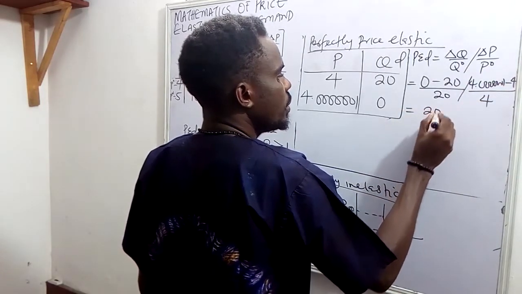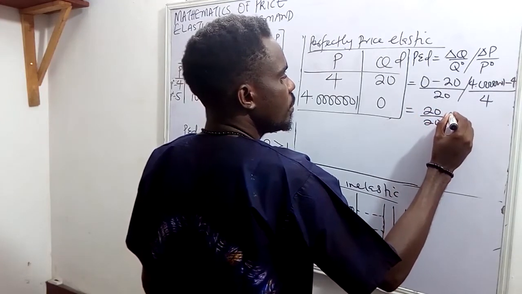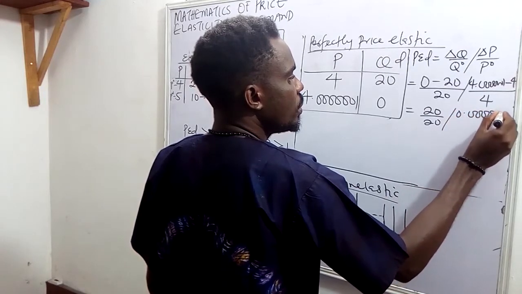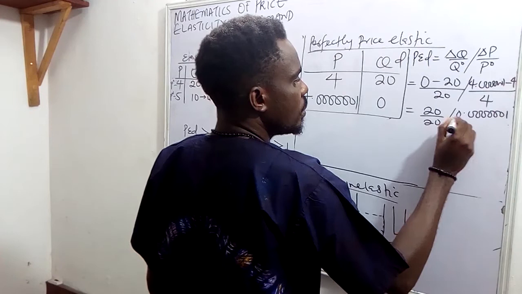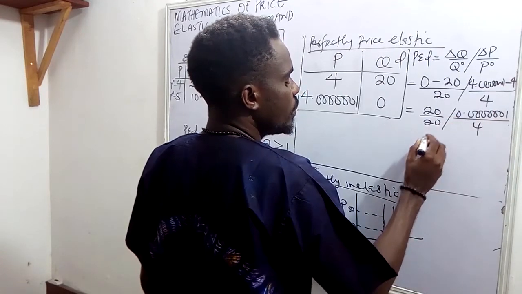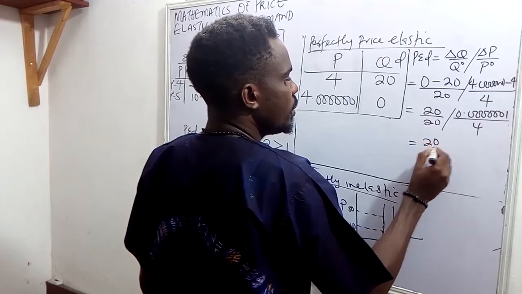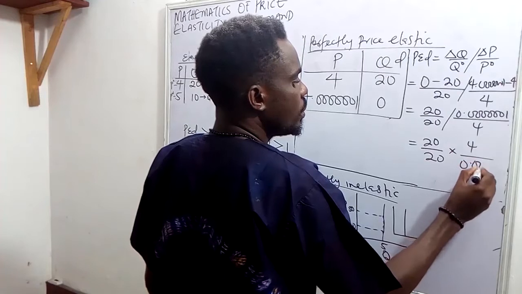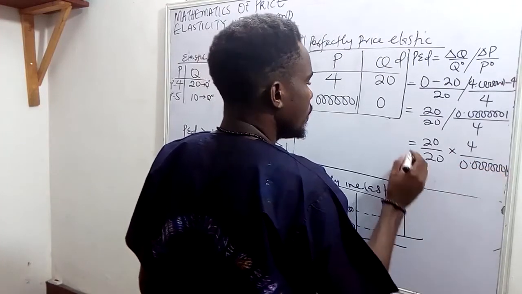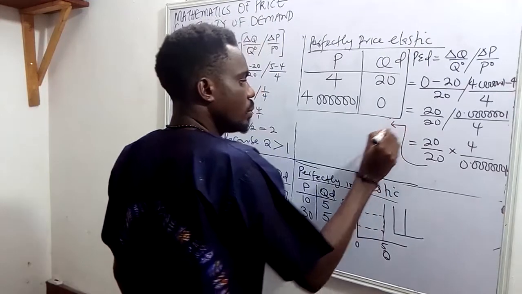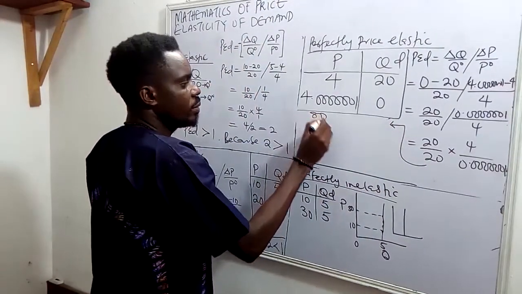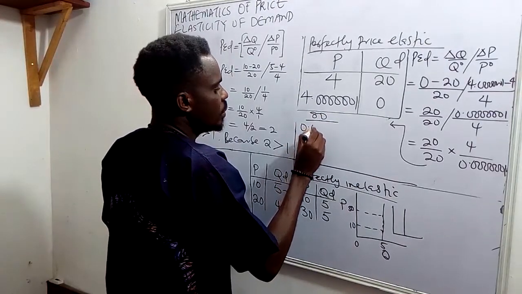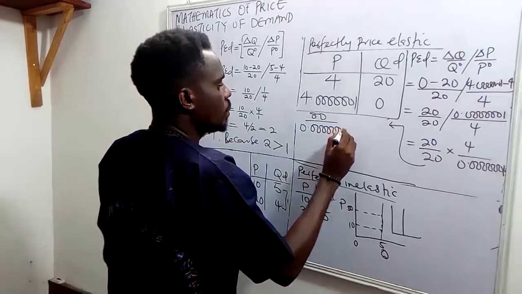This is 20 divide 20 divide 0.000001 divide 4, which is 20 divide 20 multiply 4 divide 0.000001, which is 80 divide 0.000002.